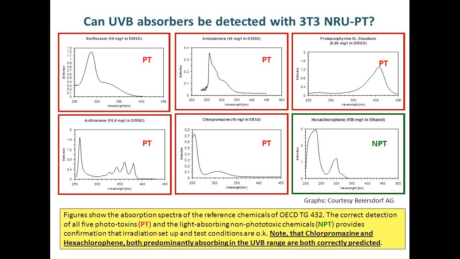A question that is almost every time asked by people, and this is now a bit of a change from the ICH guidance document, is can UVB absorbers be detected with the 3T3? I said, if you have an exclusively UVB absorber, then you should probably directly test it on a skin model, maybe also on the photo RBC assay, the red blood cell assay, because the erythrocytes are also very resistant to UVB.